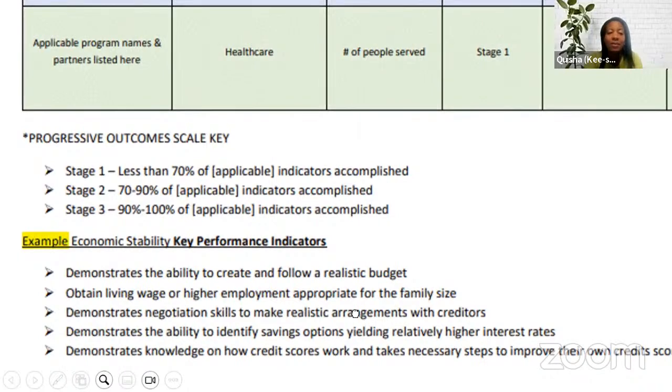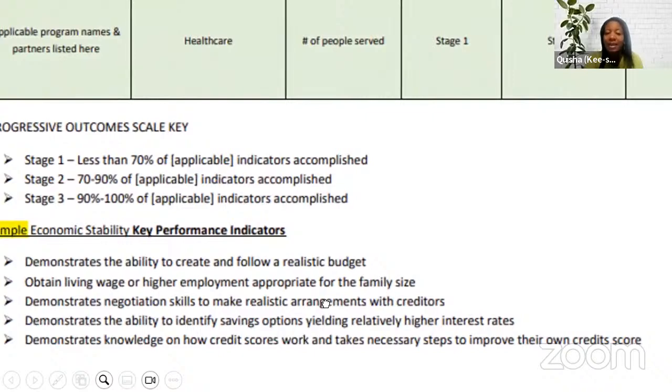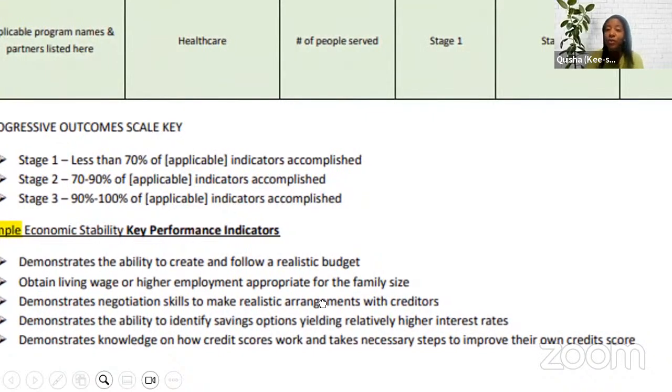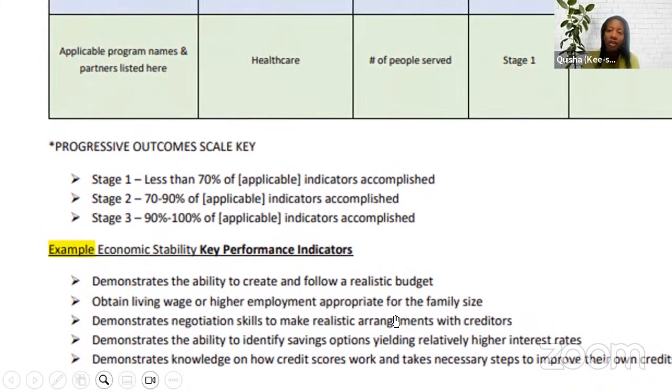And the final one demonstrates knowledge of how credit scores work and takes the necessary steps to improve their credit scores. So apparently the needs assessment that was done for this particular logic model revealed information about individuals signing up for our program not really knowing how to create and follow a realistic budget.